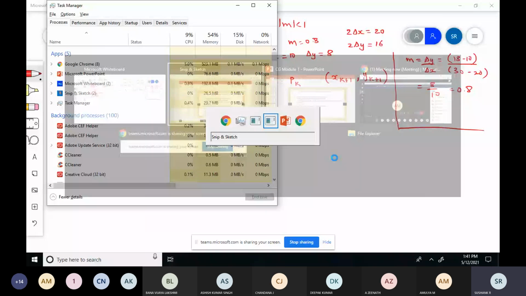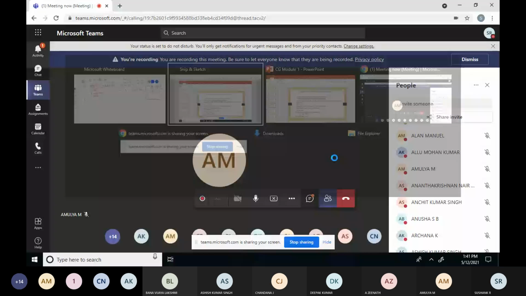Some issue with this Microsoft whiteboard only; the others are working fine.